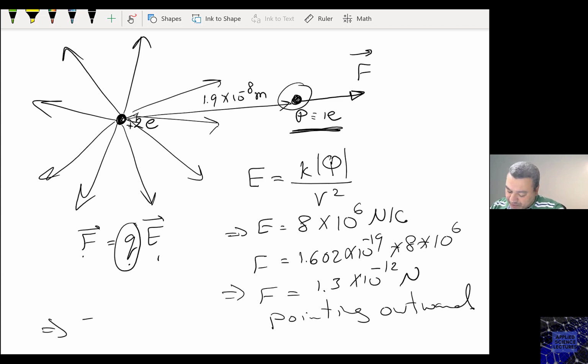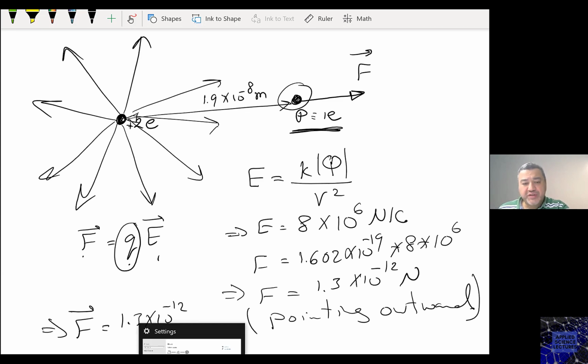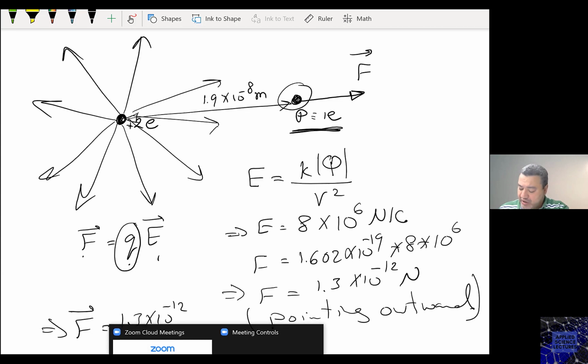If you want to put the vector, then you say 1.3 times 10 to the power minus 12 Newton pointing outward. Okay? So this is how we calculate the force due to a charge that was brought at that location that we know the field at.